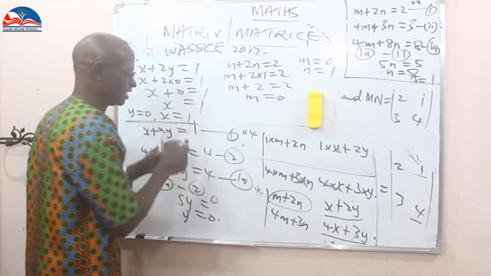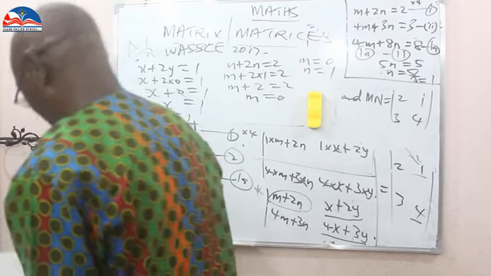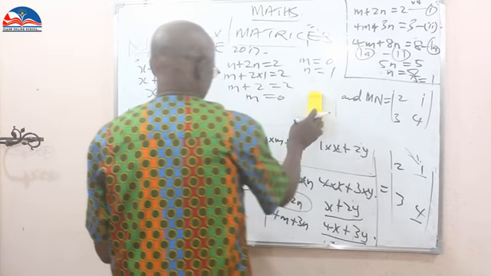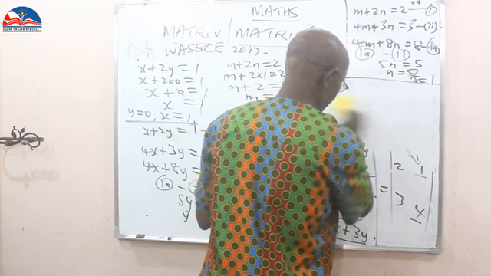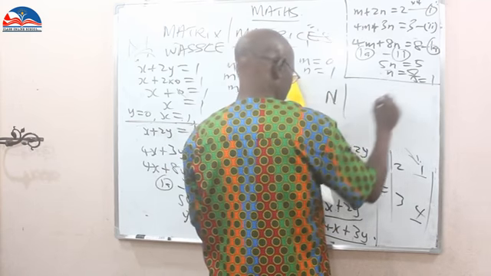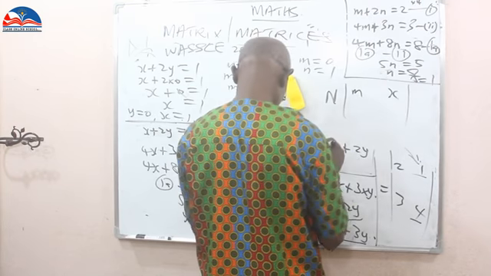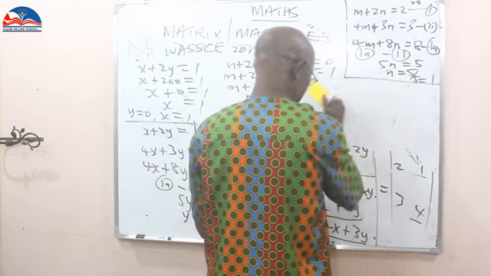Let me go back to the matrix they gave us in that question. We are told that the matrix N is made up of m, x, n, y. Let me reduce so that I put the answer there.